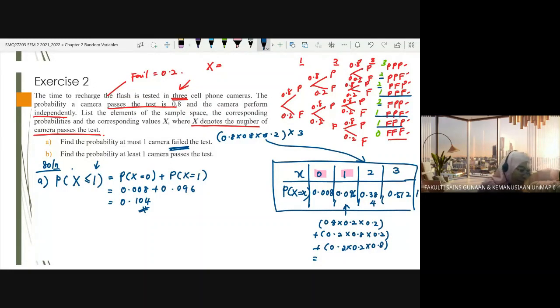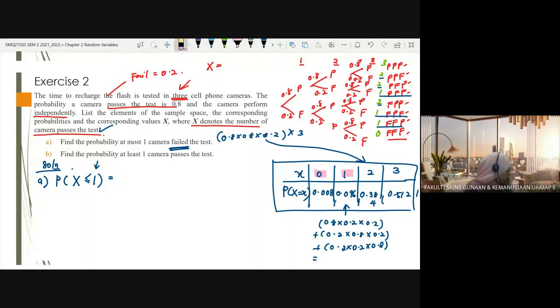So if we are talking about a camera passing the test, if X, passes the test, is less than or equal to 1, what is the reflection of failing the test? Suddenly I realize I made a mistake. Sorry, class, this is wrong. So we are talking about the failure.